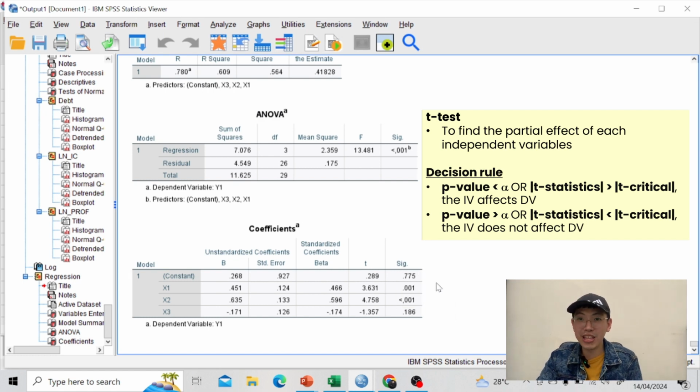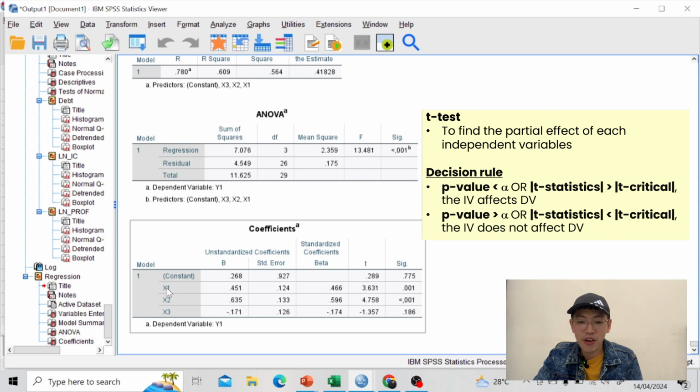If the p value is less than significance level, for significance level 0.05, I can say if the p value is less than 0.05, the independent variable affects dependent variable. One more time, if the p value is less than significance level, or in this case 0.05, the independent variable affects the dependent variable. If it is larger, it means the independent variable does not affect dependent variable.